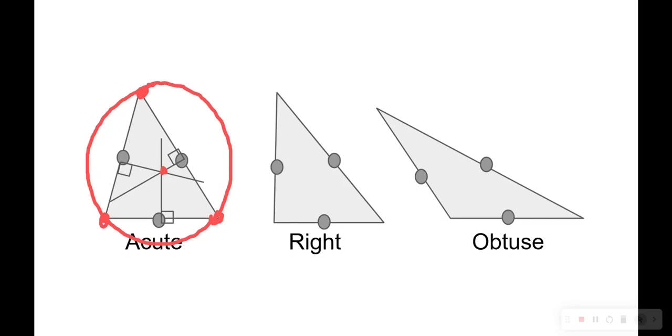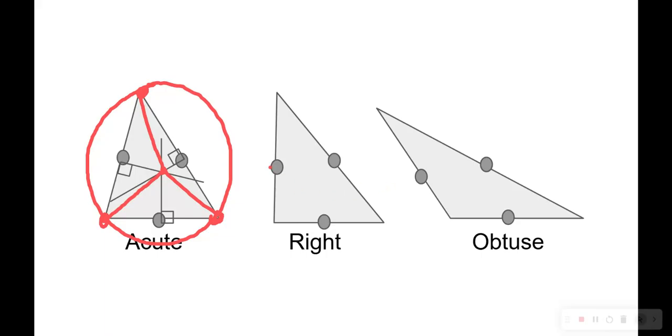So the circumcenter is the center of a magical circle. And so remember, that's a radius, that's a radius, that's a radius. Those radii, they're all equidistant.